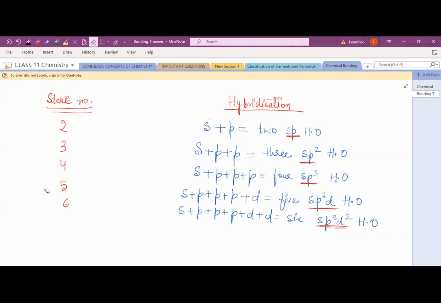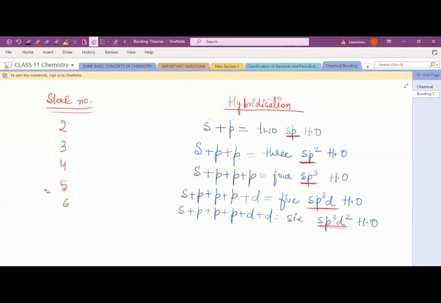In HCl, steric number 1 means the central atom has only one atom directly bonded to it, and there is no lone pair. At that condition, we can't describe the hybridization.